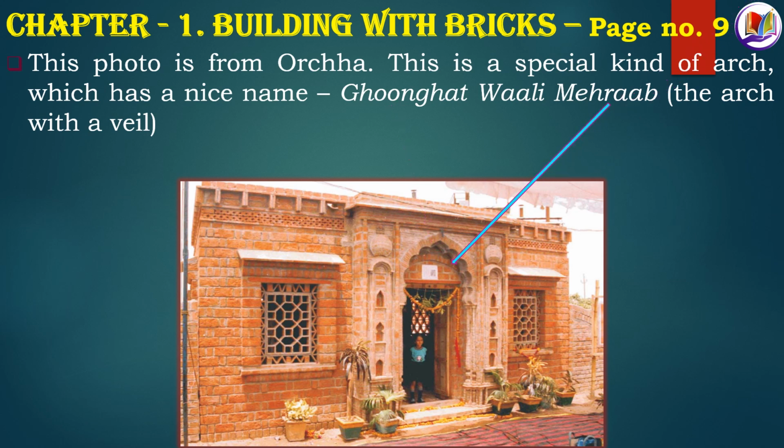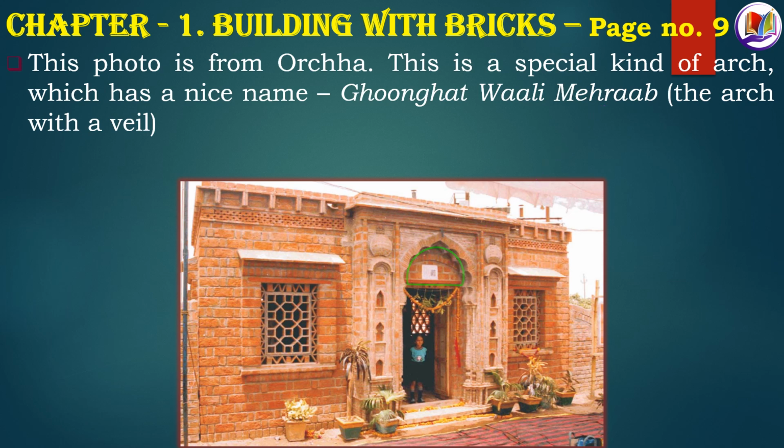And what do we mean by a mehrab? Well, mehrab is a semicircular structure just below the ghungat shape, isn't it? Can you see it in the picture? It's also known as the arch with a veil. Veil means ghungat or parda. Okay.